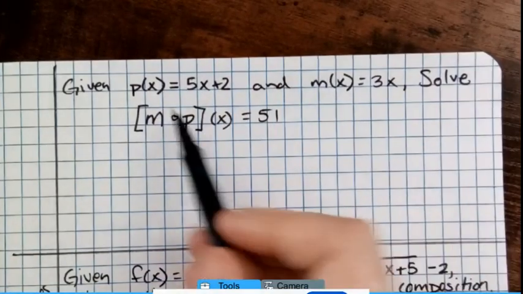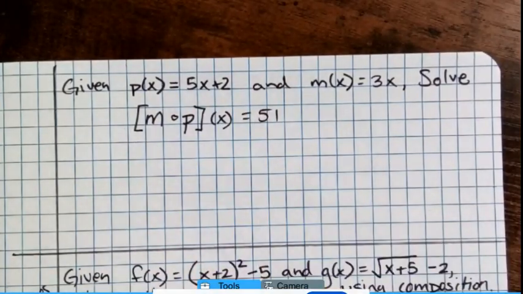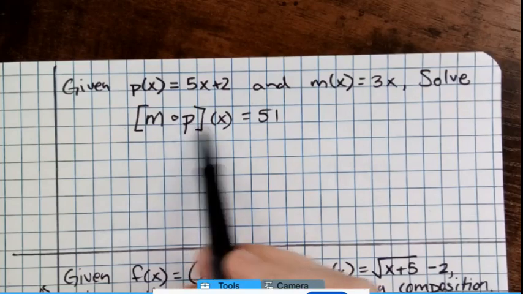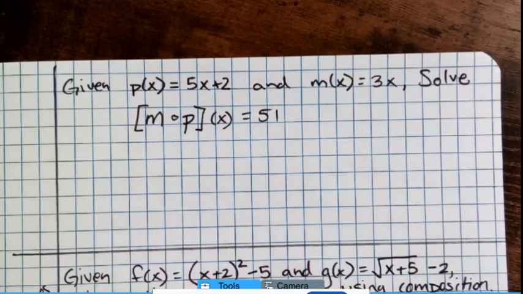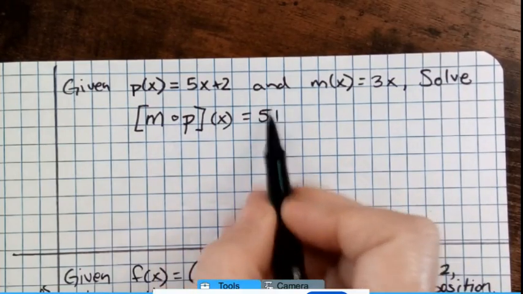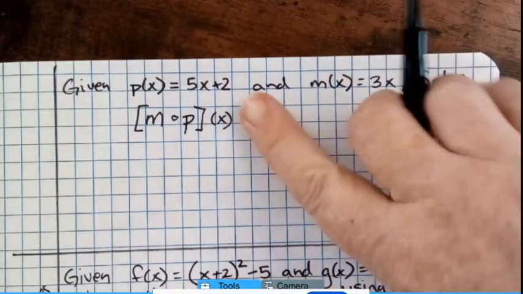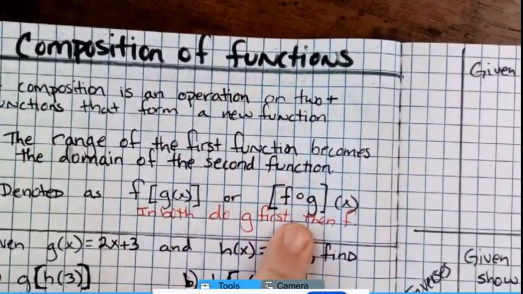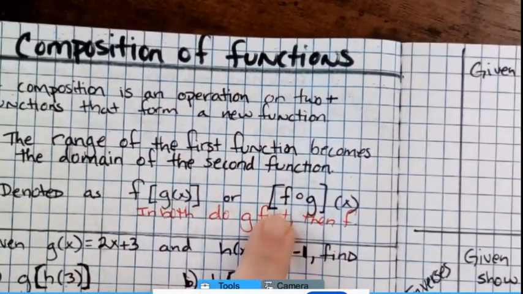Given p of x is equal to 5x plus 2 and m of x is equal to 3x, solve m of p of x is equal to 51. So in this problem, I didn't tell you what to plug in, but I told you the answer was 51. So we're going to ignore 51 and we're just going to set this up. So this is the second way that we wrote it in the very beginning. G goes into f.